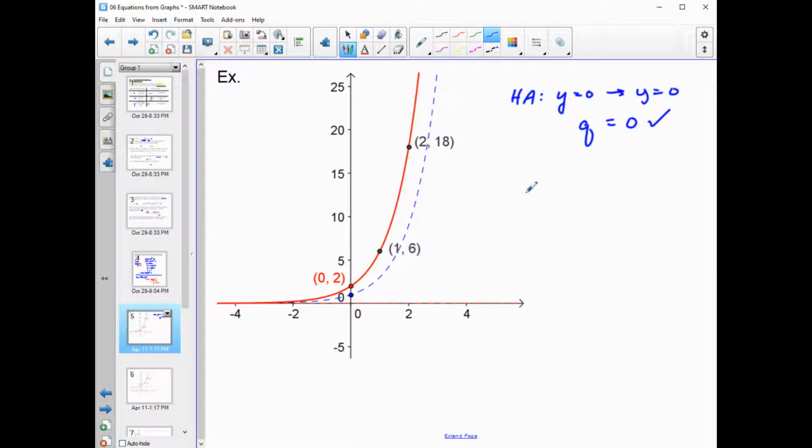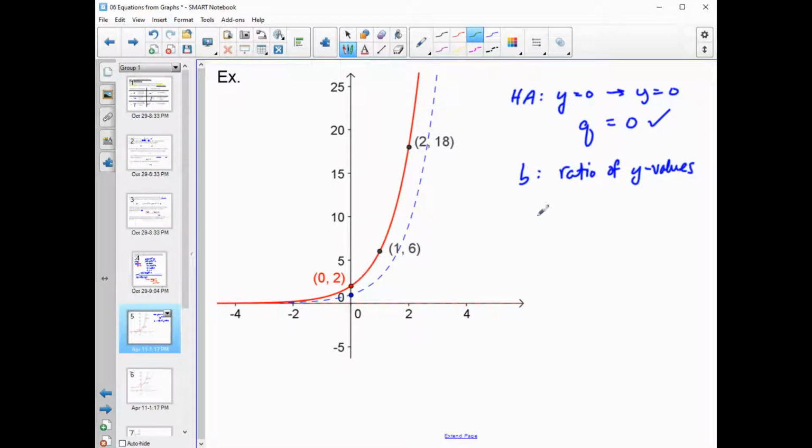Since our q value is 0, to find my b value I'm going to do the ratio of y values, or y coordinates. My first y coordinate here is at 2.